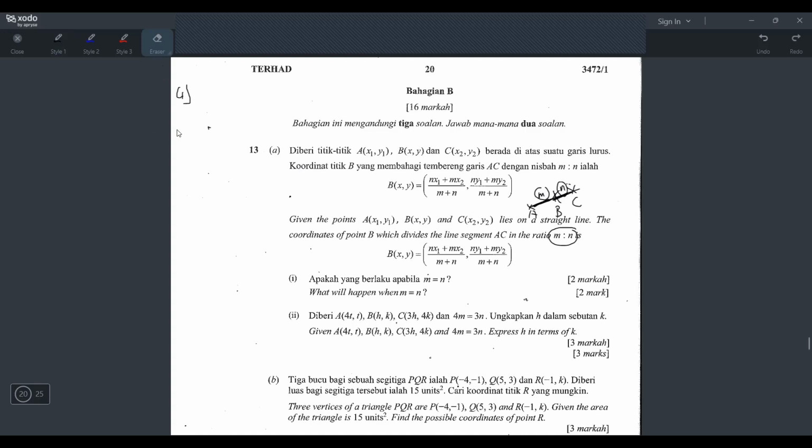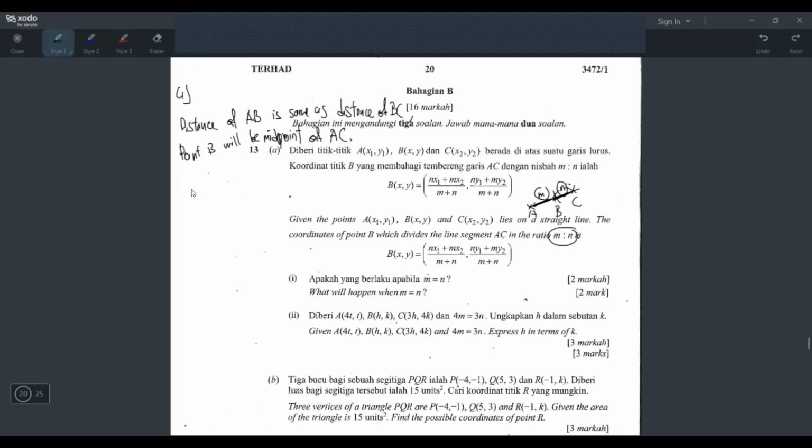So what I'll write here is, if m equals n, the distance of AB is the same as the distance of BC, all right? And then comma, point B will be the midpoint of AC, because if the distance is the same, B will be the midpoint.